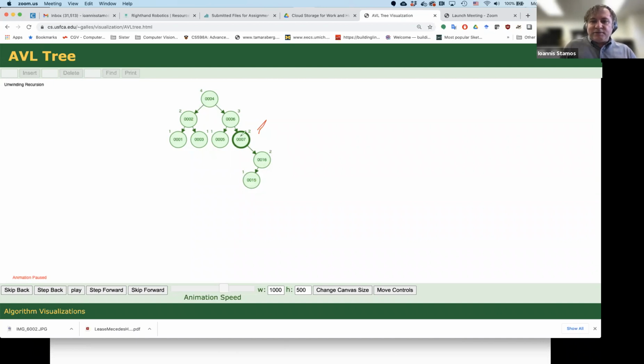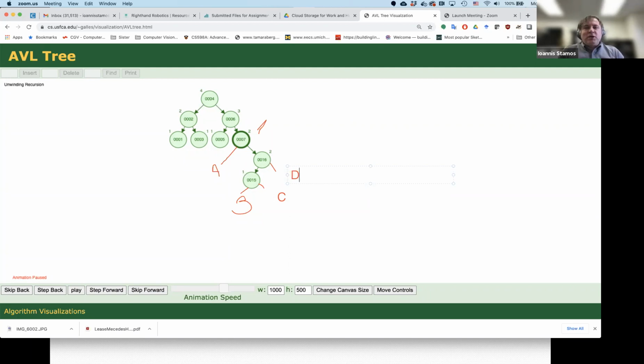You have these 3 nodes here, and you have 4 subtrees, A, B, C, and D, under 16, which are all empty. Does that make sense?